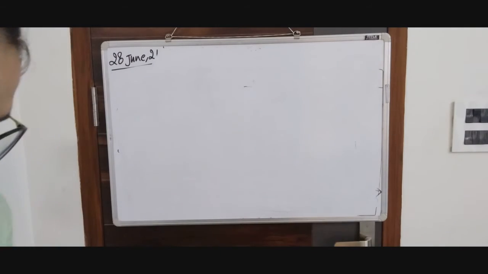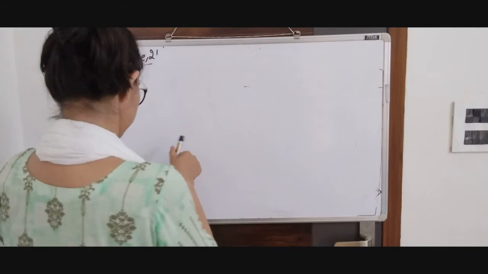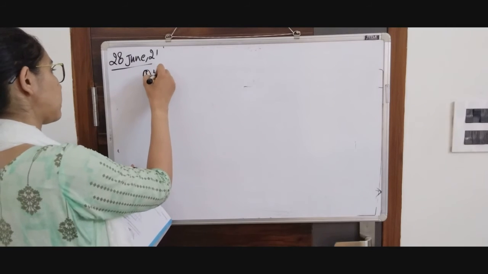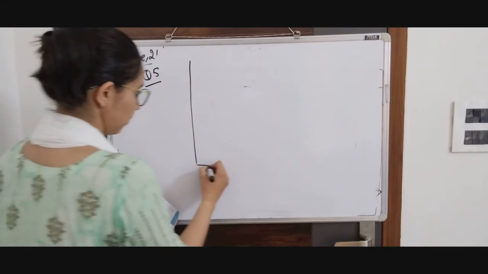So okay, we have to make the graph first, then we will be able to understand properly. So this is the bar graph.